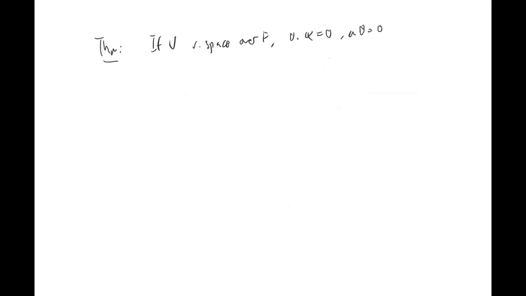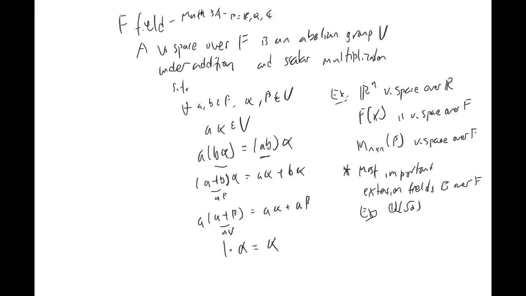So when you multiply 0 by any element in V, it's 0, and likewise a scalar times 0. Yes, the operation is under addition, right? If you add two matrices, A plus B is B plus A.